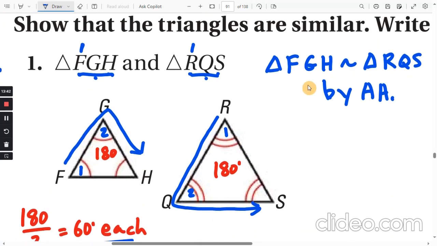So if I said HFG, and I just left this one alone as RQS, it actually still works. That's because each one of these is 60 and each one of these is 60. These are equilateral, equiangular triangles. So you can change one side without the other in just this special case.